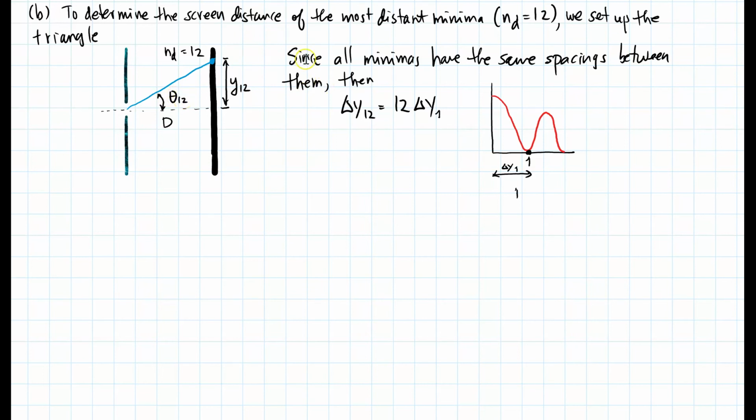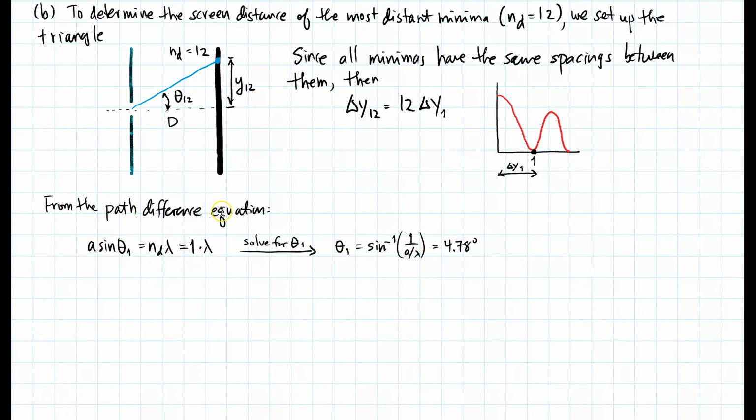However, I know that all the minimas have the same spacings between them. So I can also write delta y12 is equal to 12 times the spacing of the first minima. So if I calculate this distance, I could then multiply that by 12 to get that distance.